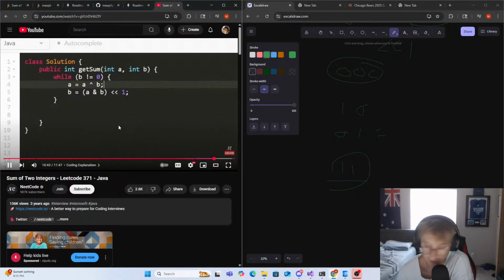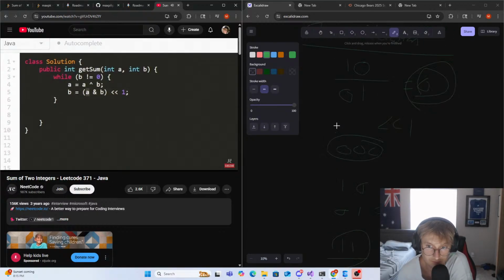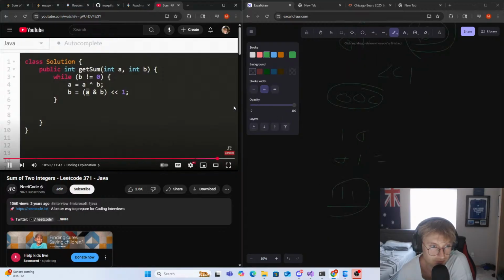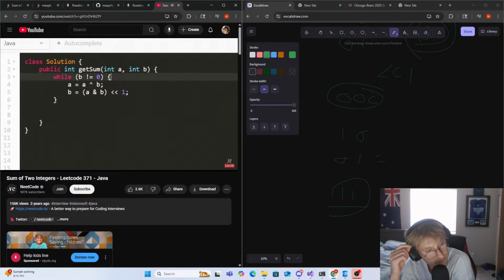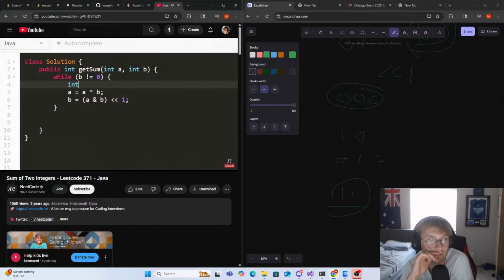If we already assign A to the exclusive OR, then when we try to assign B, we're using the new value of A when we actually want to use the old value of A. So before we reassign A, I'm going to calculate a temporary integer, which is basically our AND condition, A and B shifted to the left by 1.